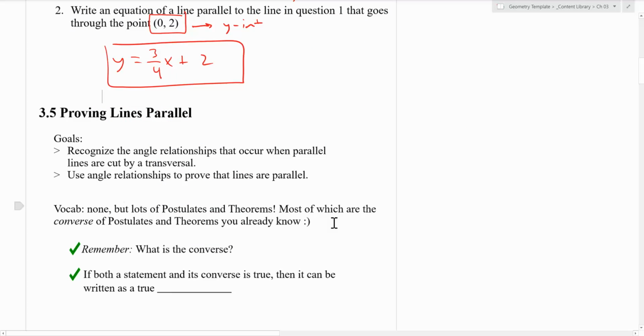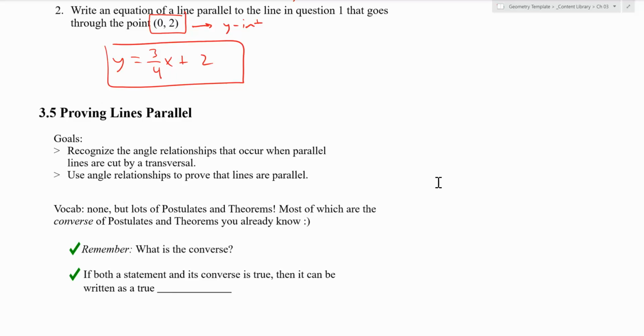Before, we were given that lines are parallel, and then we used theorems like the consecutive angle theorems and alternate interior angles theorems to show that angle pairs were either congruent or supplementary.